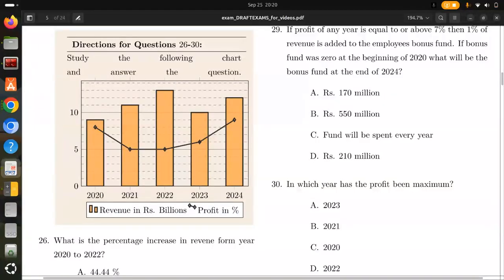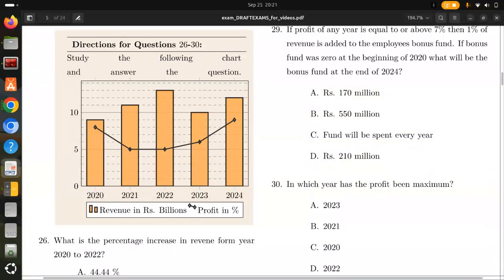So compared to 22 and 23, again 22 will win. But if I compare 22 and 24, here I can see the profit percentage is more and the revenue is slightly less, but almost there. So compared to these two, I think 2024 is the winner. So the answer to the 30th question directly looks like 2024, but unfortunately in the four choices, 2024 is missing.